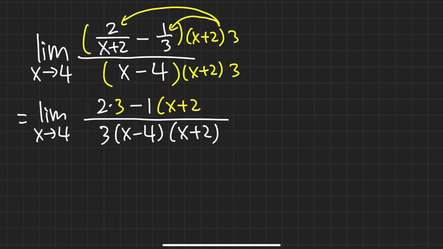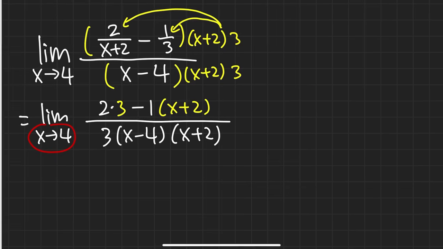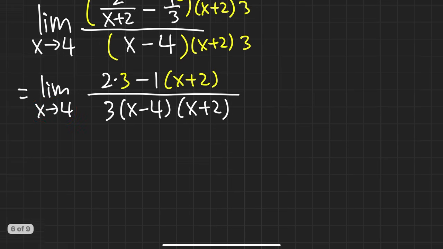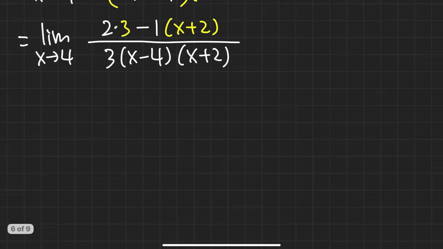And another thing, remember I told you, when we have x approaching a finite number, here x approaching 4, right? And it was a 0 over 0 situation. So we can expect to cancel what? Put the 4 to the other side, x minus 4. This is the factor that we should be able to cancel out later on. You will see that will happen. Trust me.